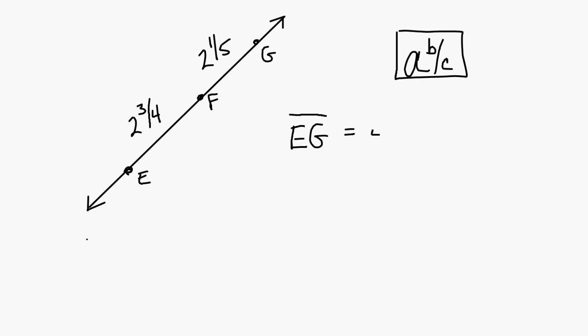And that's 4 19/20. That's just letting the calculator do all the work. Everybody get 4 19/20? Very good, very good.